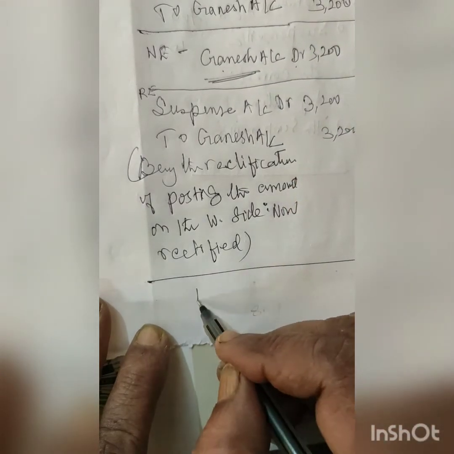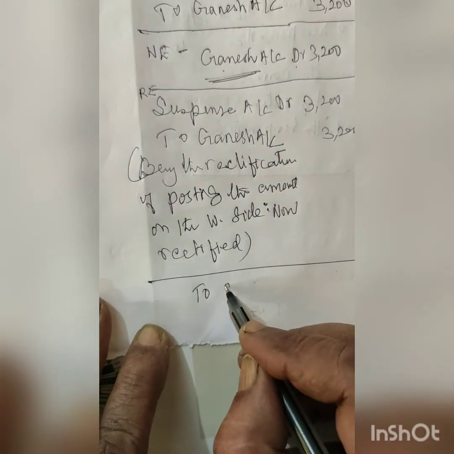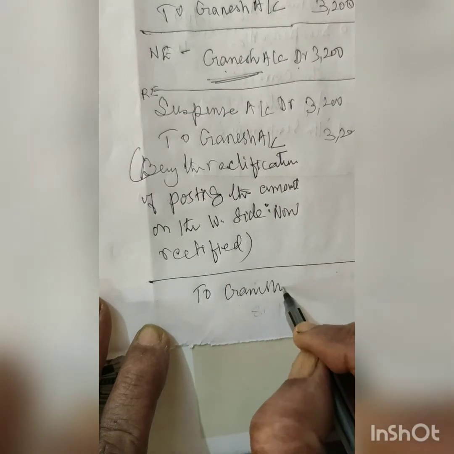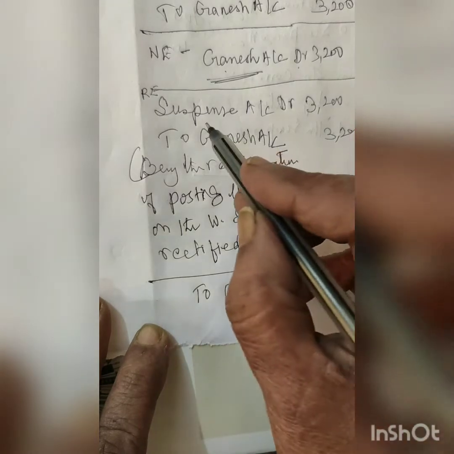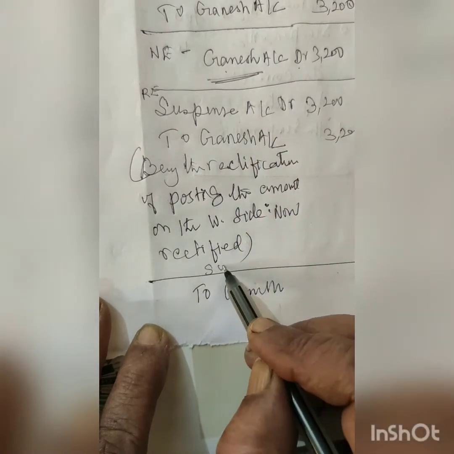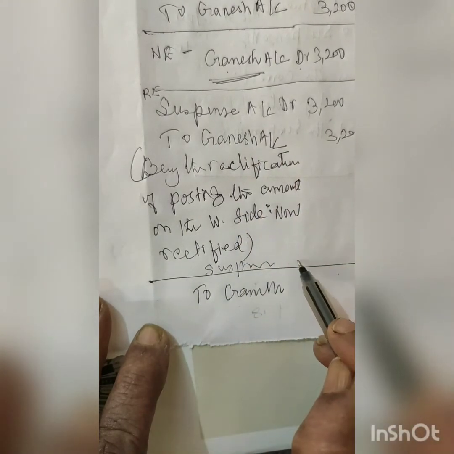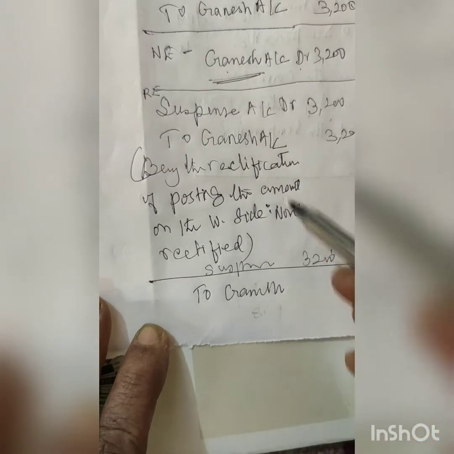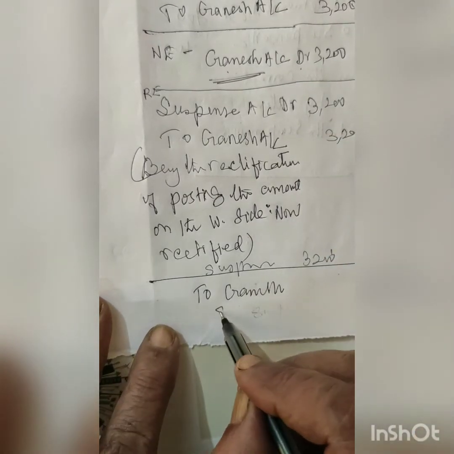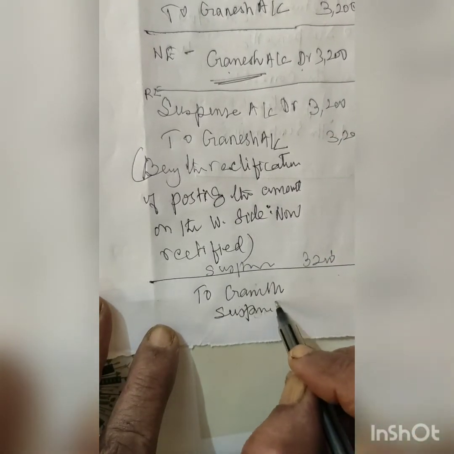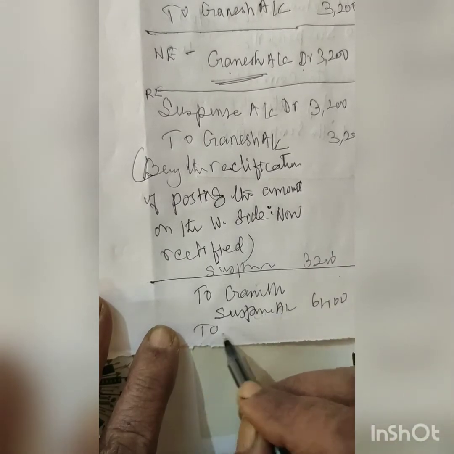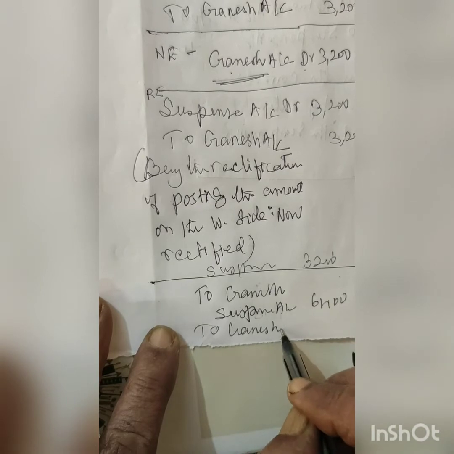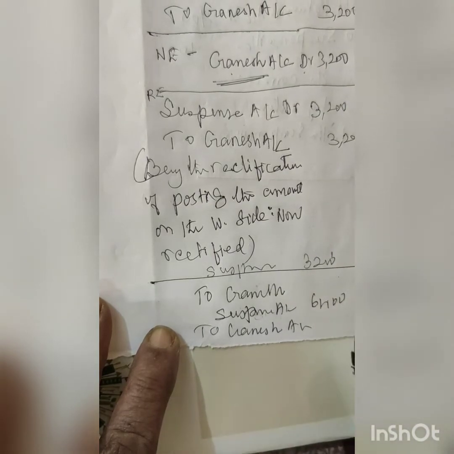So again we have to write Ganesh account 3,200. And then suspense account should come as 3,200. So if we combine this, we will get suspense account 6,400 to Ganesh account 6,400.